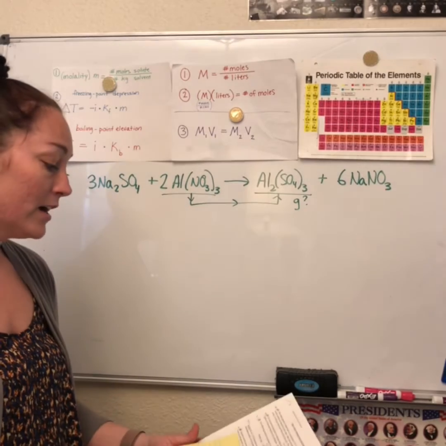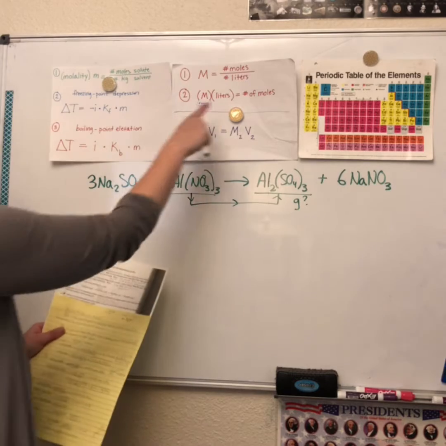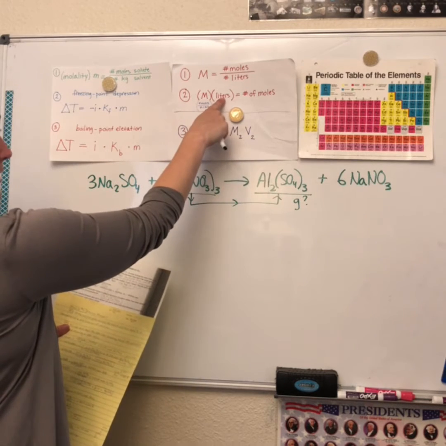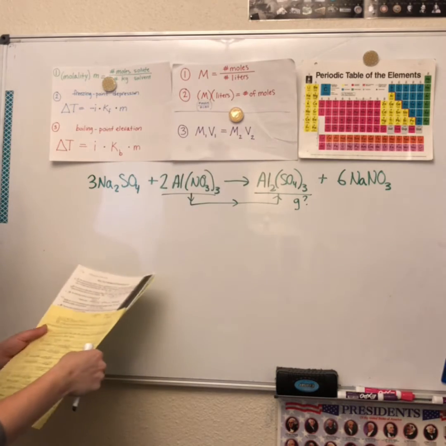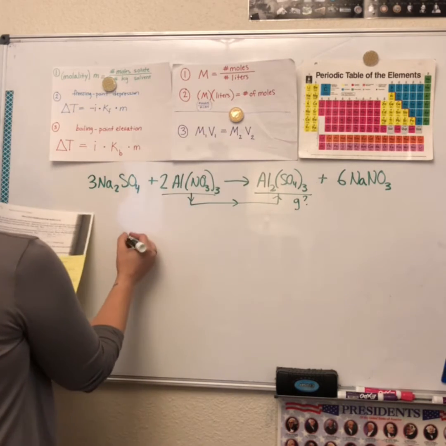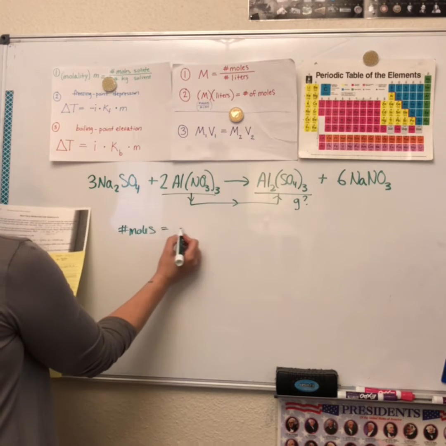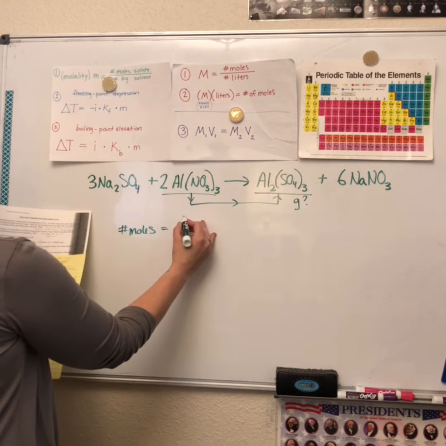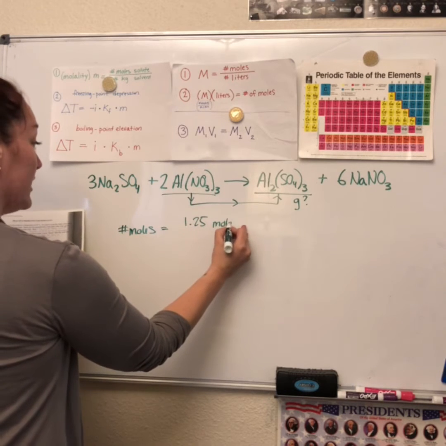They gave me a volume and a molarity. So I've got liters and molarity, so that's going to give me number of moles. So I'm going to use equation number 2 right here, okay? So number of moles is equal to, I'm going to stick my molarity in there, 1.25. Remember, molarity is just moles over liters, okay?